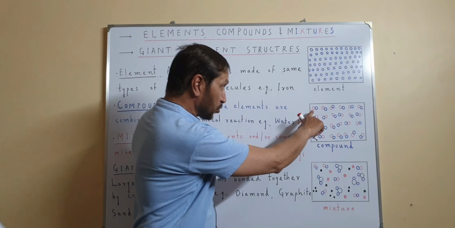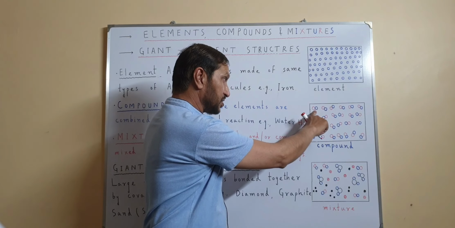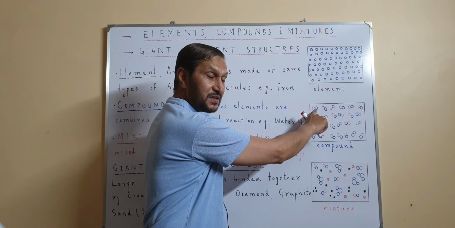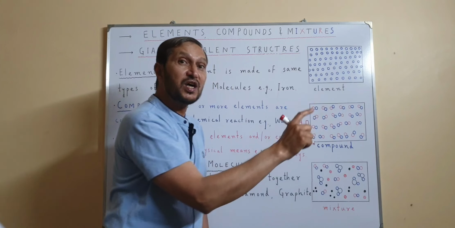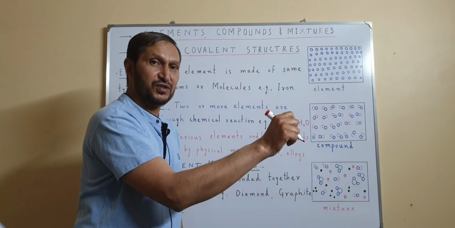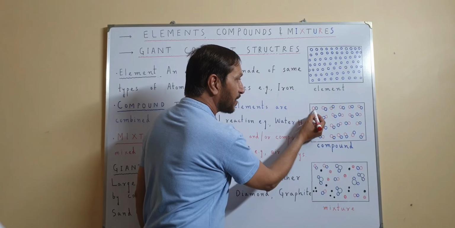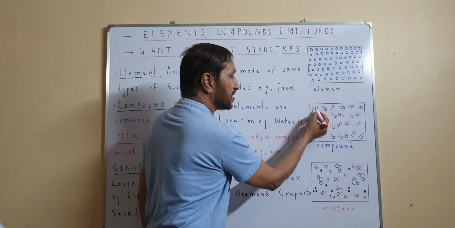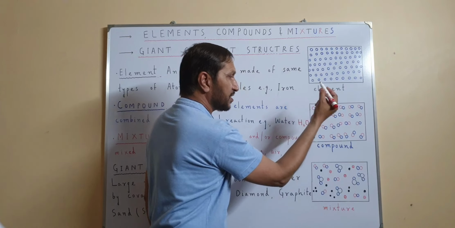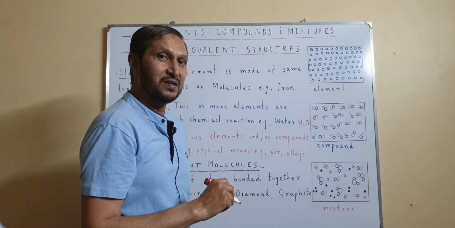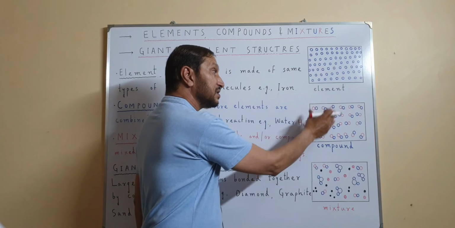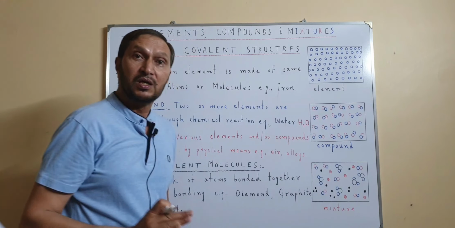So these two circles, these two atoms, are representing two elements which are combined through a chemical reaction, and they are combined with a fixed ratio. Suppose in this case they are combined in a 1:1 ratio in the case of sodium chloride. So this diagram is showing a compound.